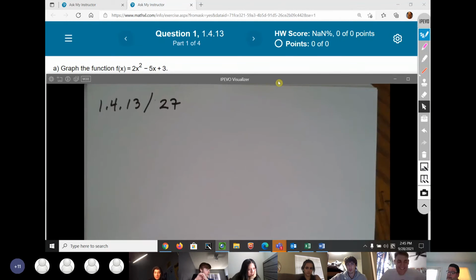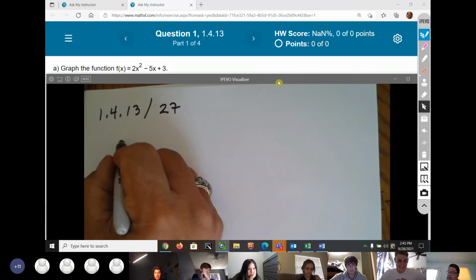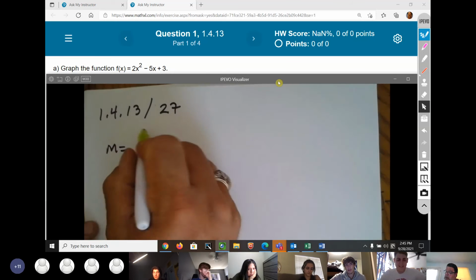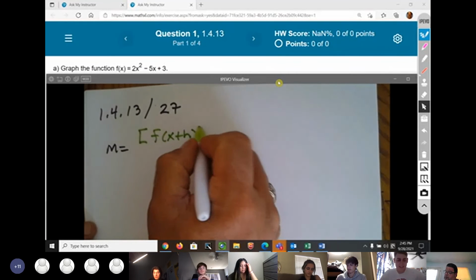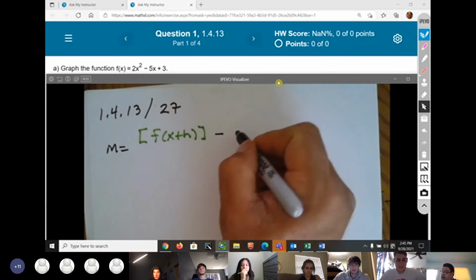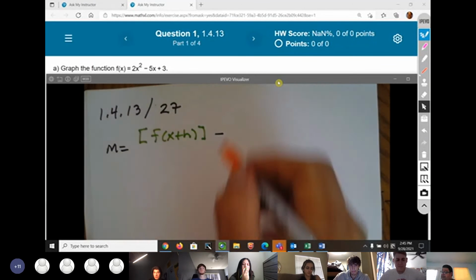All right, 2x squared. So I'm going to write m is equal to f of x plus h minus f of x all over h. I'm only going to do one of these, okay, because I need to get back to 1.5.